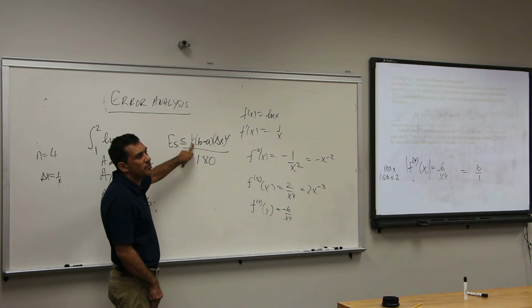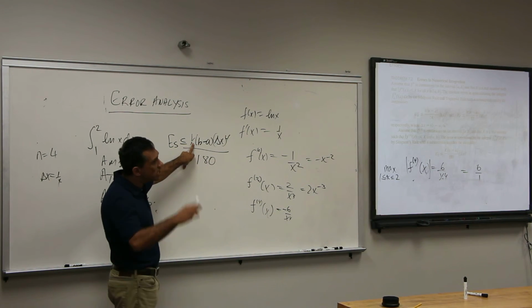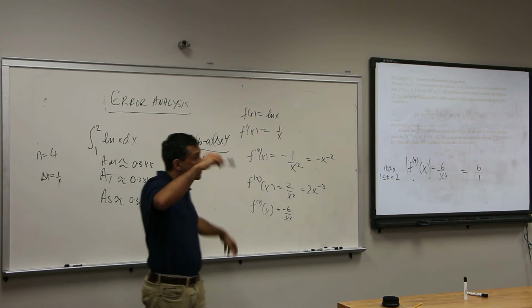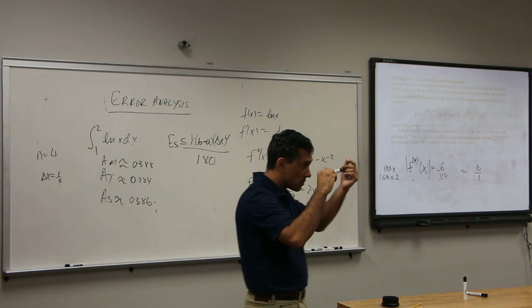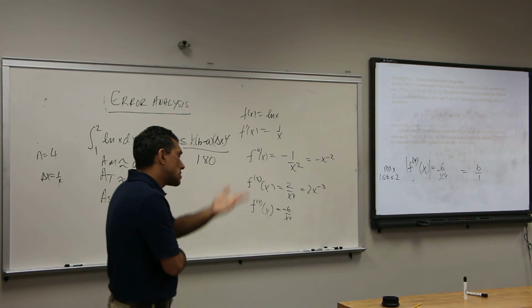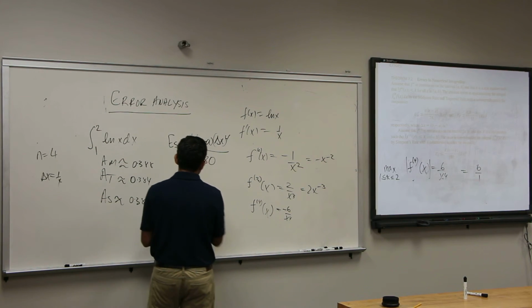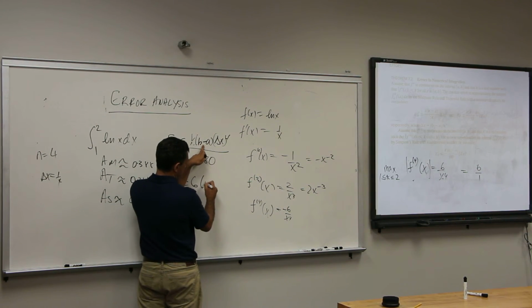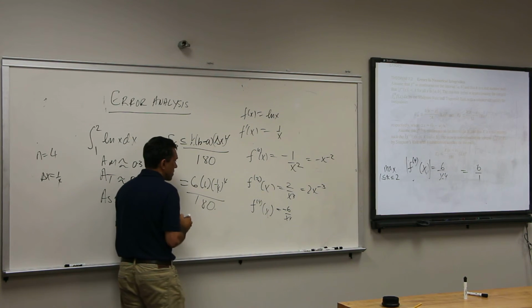I know that the fourth derivative is no more than 6 in absolute value. It's changing quite fast, the fourth derivative, that is. But I know that it's no more than that. So this is 6, and this is 1 quarter to the 4 over 180.